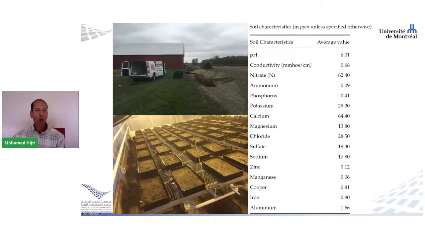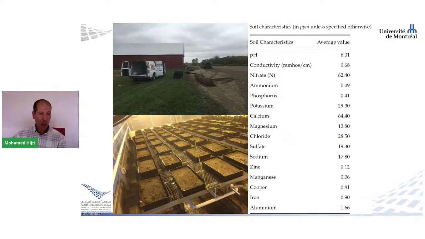So first of all, we went to a research farm in the region of Montreal, in which organic farming has been done for many decades. We collected the topsoil, 15 centimeters, as you can see here, the tractor, and we put the soil in these big trays and transported them to the greenhouses.